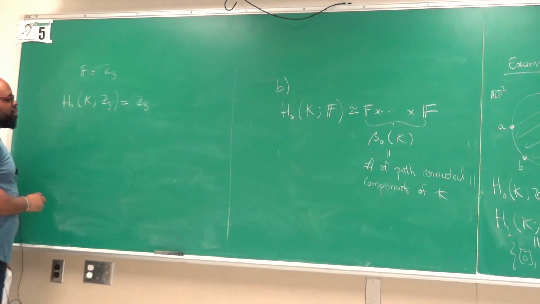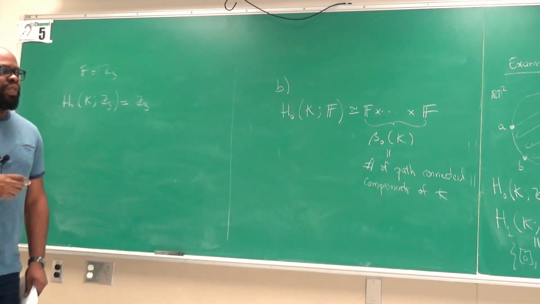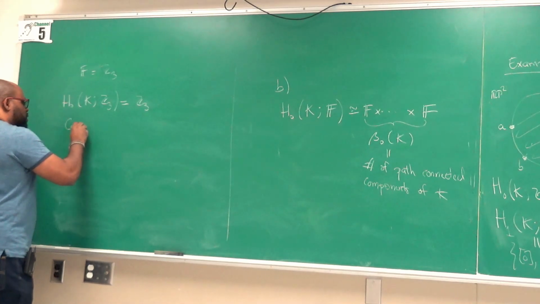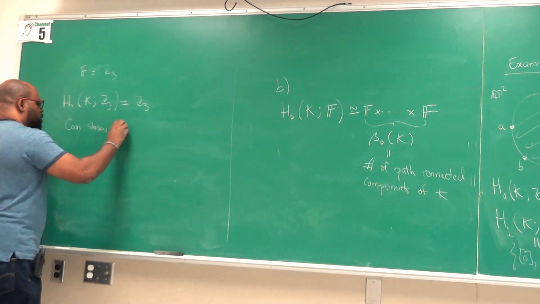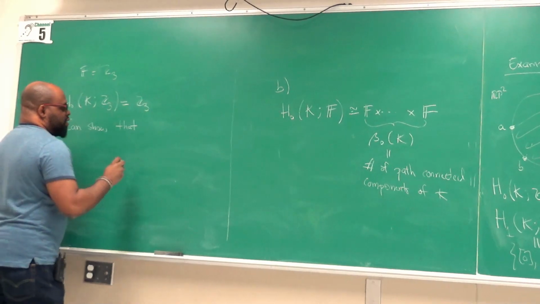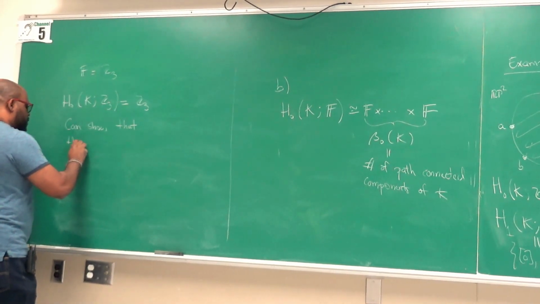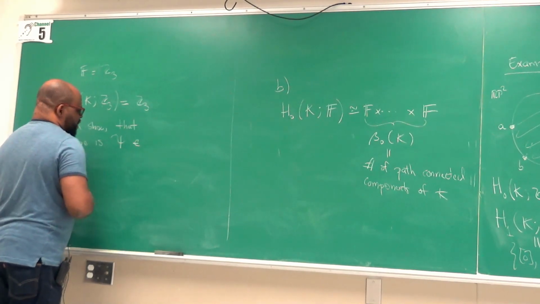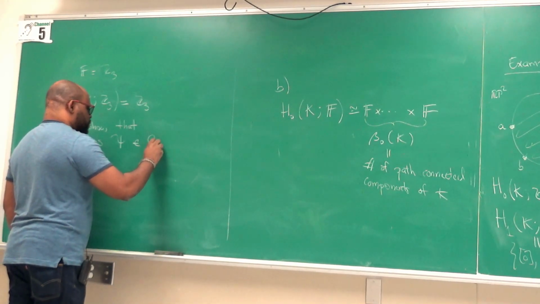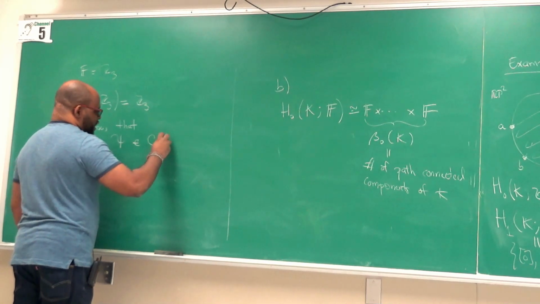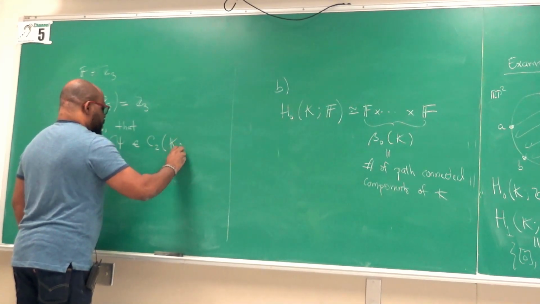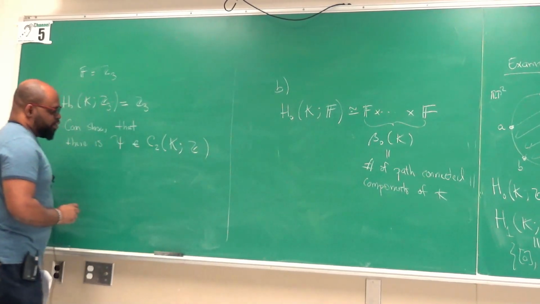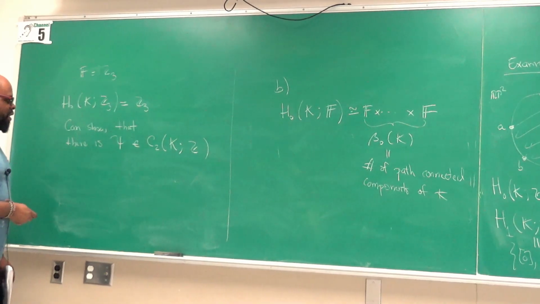So for H1, one can show that there is some psi in C2, so a 2-chain, and I'm going to put it with Z coefficients just to illustrate the point that I'm trying to make.